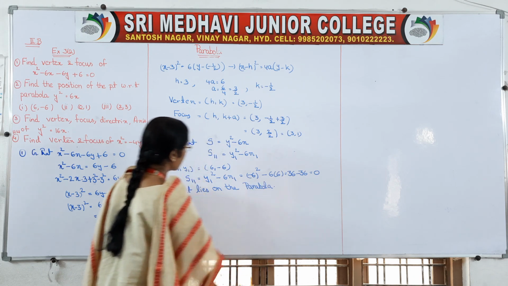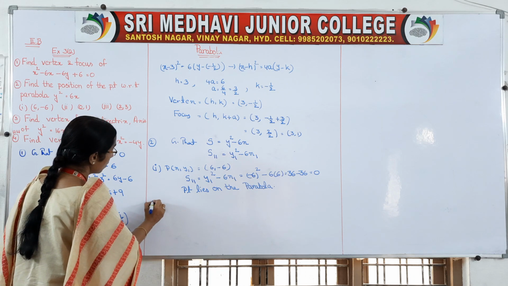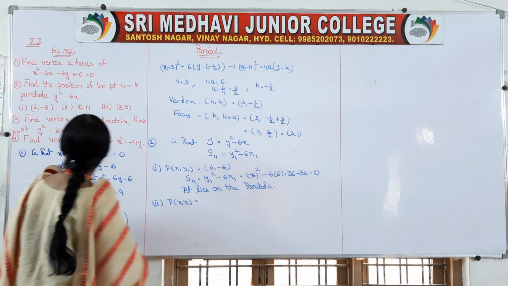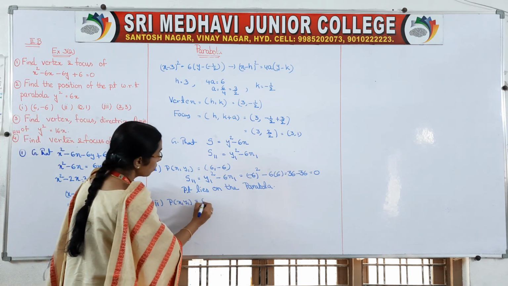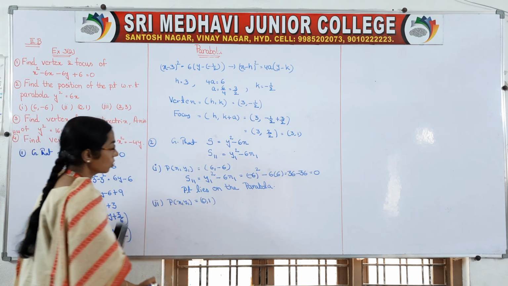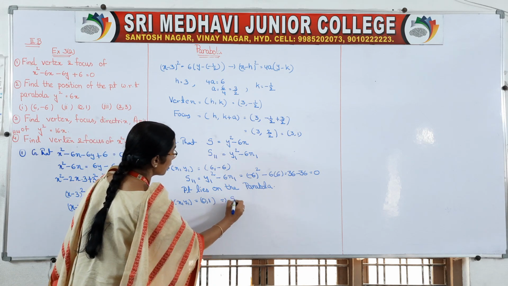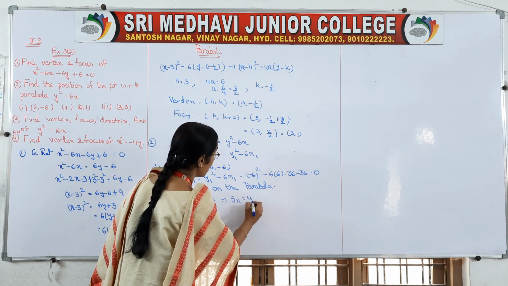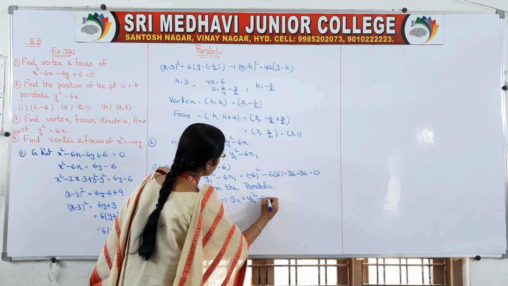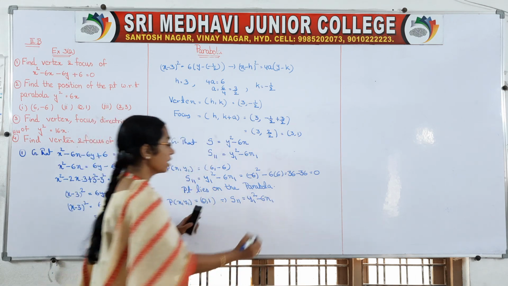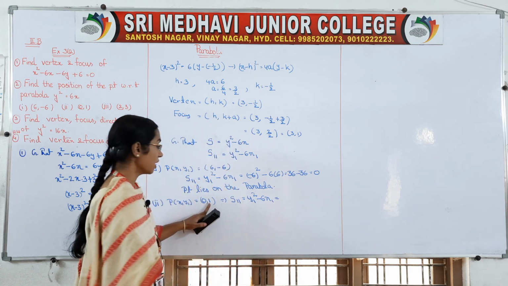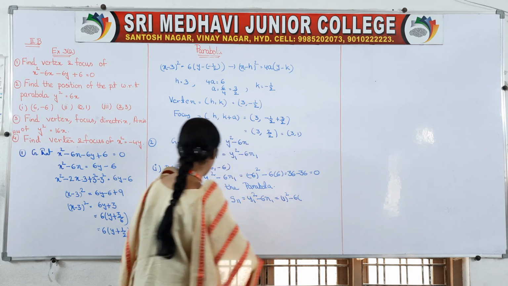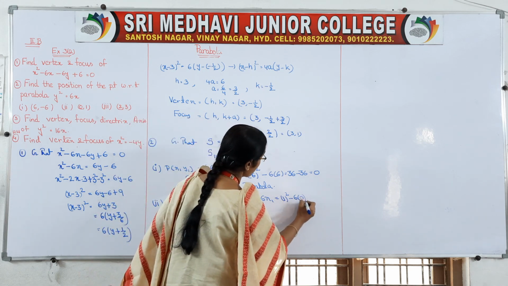Okay. Now take your second point. What is your second point? P(x1, y1) is given as (0, 1). So come on, take your S11 now. S11 is equal to, what is the formula? y1 square minus 6x1. So what is y1? 1 square minus 6. x1 is 0, right?